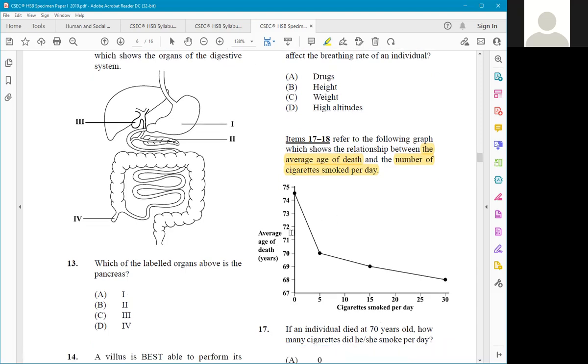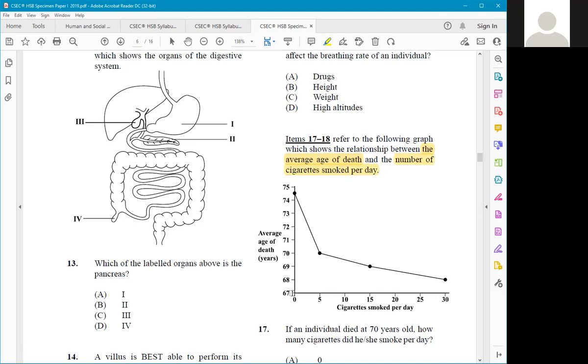So let's look at the graph. Going up on the y-axis, we have the average age of death, arranged from 67 to 75, and the number of cigarettes smoked increases along the horizontal axis, or the x-axis, from 0 cigarettes to 30.